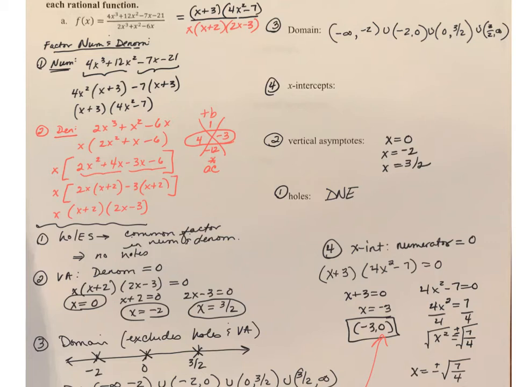And so your x-intercepts are negative 3, 0, square root of 7/2, 0, and negative the square root of 7/2, 0. Those are your answers. And so we were able to find holes, vertical asymptotes, the domain, and x-intercepts.